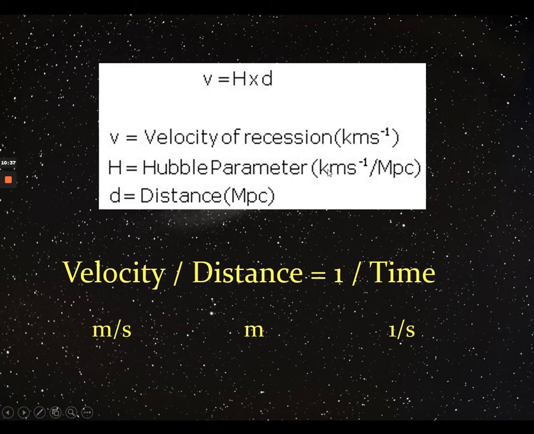So what you'd have to do is either convert the kilometers into megaparsecs or convert the megaparsecs into kilometers. So if you find that ratio of how many kilometers there are in a megaparsec, which is a bit of a long-winded thing, you would find how many parsecs there are in a megaparsec. Then you'd need to find how many meters there are in a parsec, I suppose, and then convert from there and go into kilometers. So that's the tricky thing, and that will take some time to get your head around.